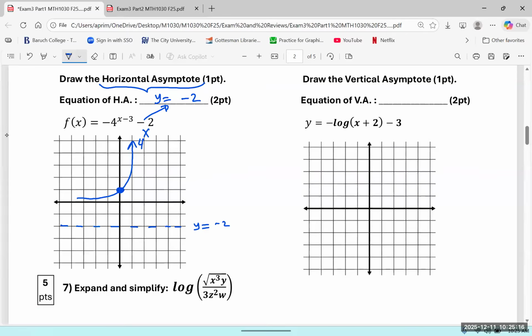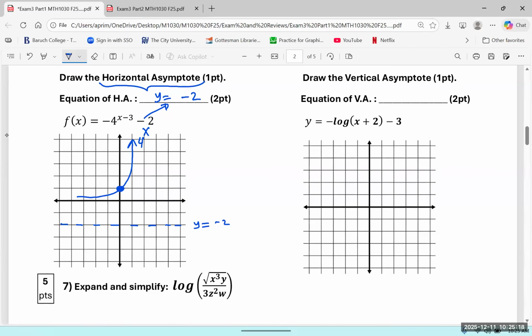So once you create your wall, now you can use transformation on these points. First, always you have to do reflection. If you have many types of transformation, reflection should always be the first one. And when you have a negative number in front of the function, it's a reflection about the x-axis.